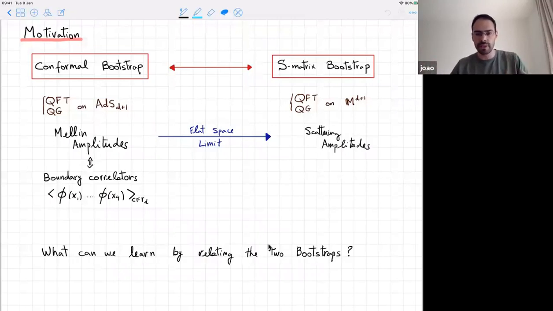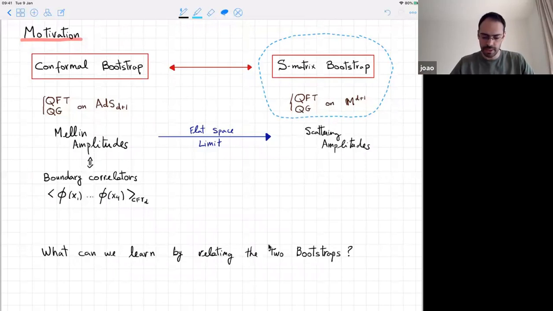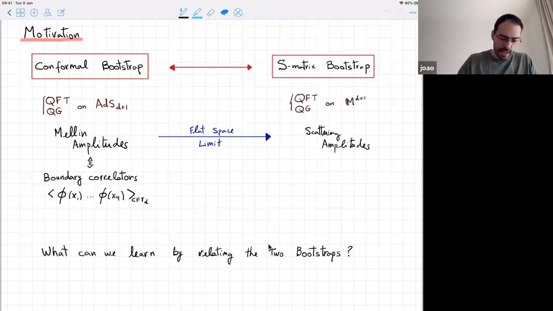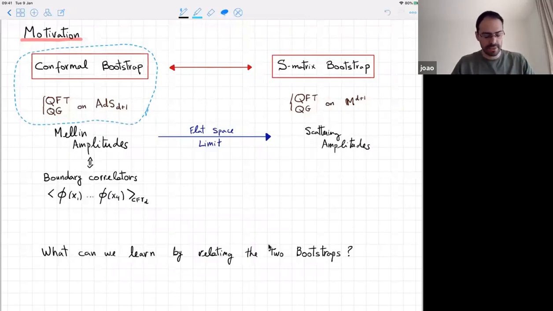One is the S-matrix bootstrap. So it's about quantum field theory in flat space-time or Minkowski space-time, or quantum gravity if you have gravity. And the conformal bootstrap is basically the same, but applied to quantum field theory or quantum gravity in an anti-de Sitter space-time, or asymptotically anti-de Sitter space-time.